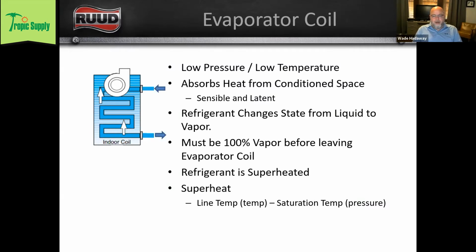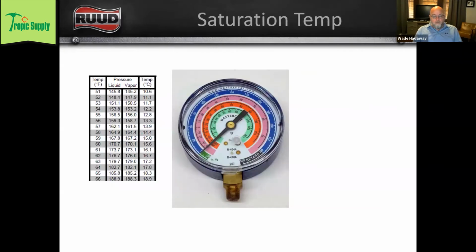And I'll talk a little bit about exactly what that means, but we're taking the line temp of our suction line coming out of our indoor coil or out of our evaporator coil, and we're comparing that to the saturation temp, or what the pressure temperature relationship of that refrigerant tells us that it would be if there was a mixture of liquid and vapor refrigerant.